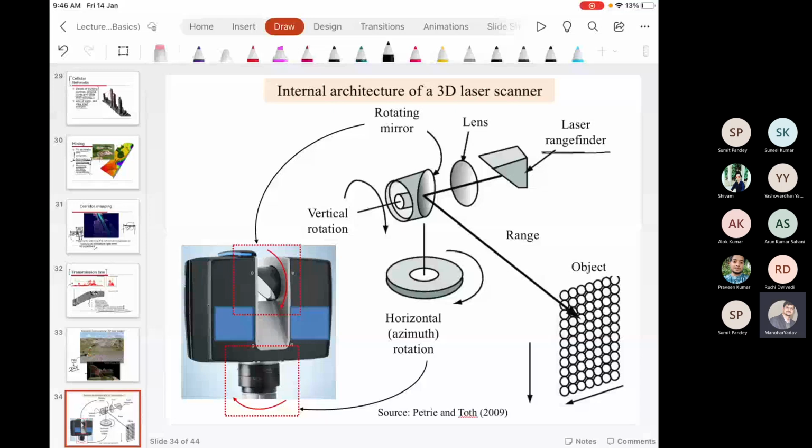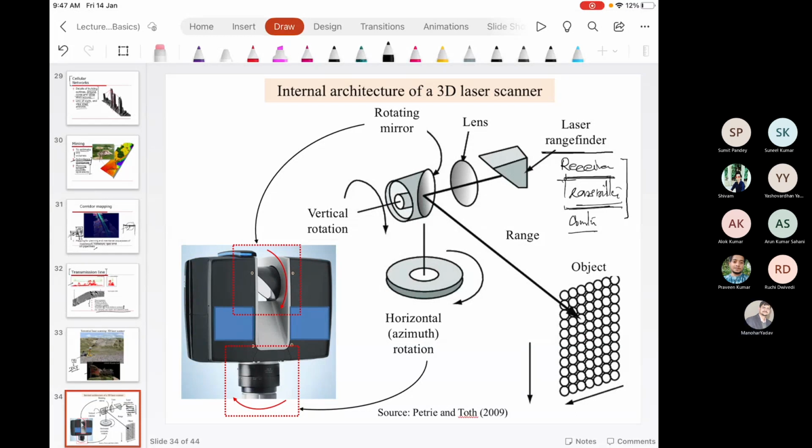This laser range finder has a receiver and a transmitter. The transmitter is the electronic unit that fires the laser beam, and the receiver is the electronic unit that senses the return corresponding to the fired laser beam. Similarly, we also have a counter circuit. We'll see the internal architecture of the laser range finder later on. This counter circuit measures the total time of travel.